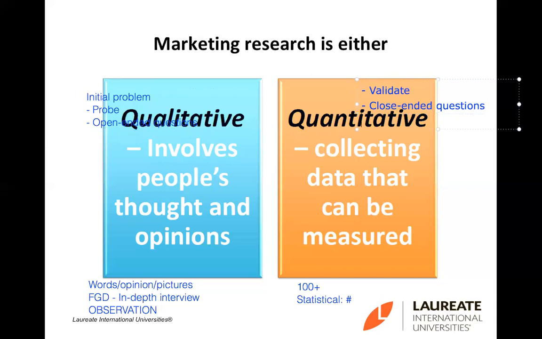We can ask respondents to score or rate their opinion. From 1 to 5, how would you rate the service of this hotel, for instance? From 1 to 5, would you agree if I say this brand is fun, for instance? That is a typical quantitative research.